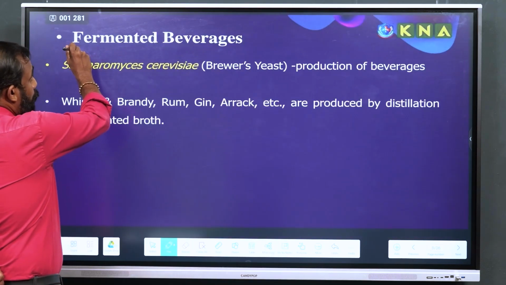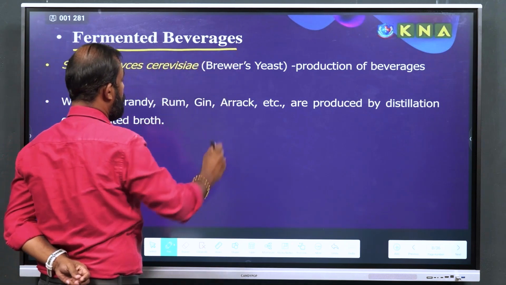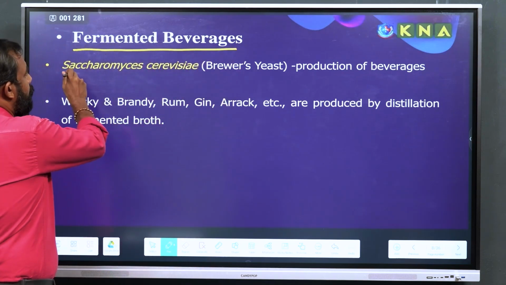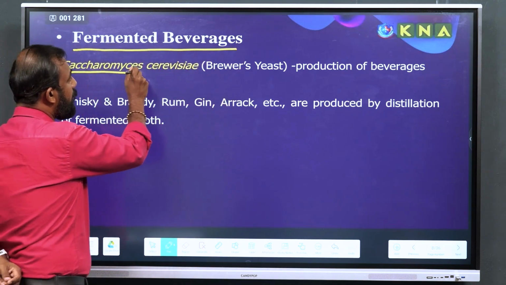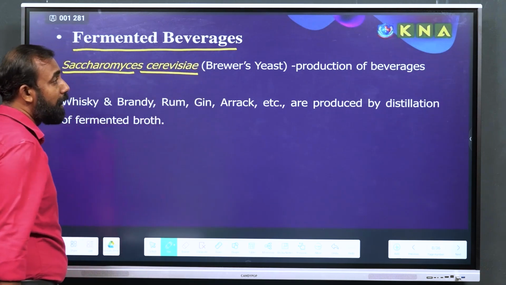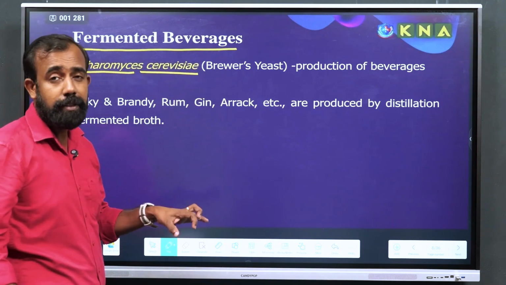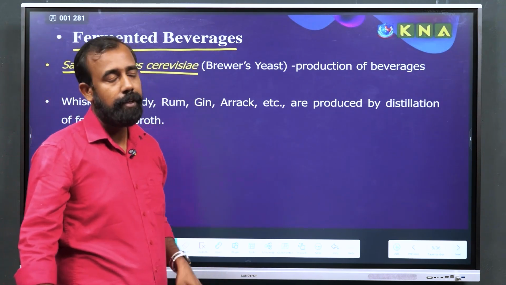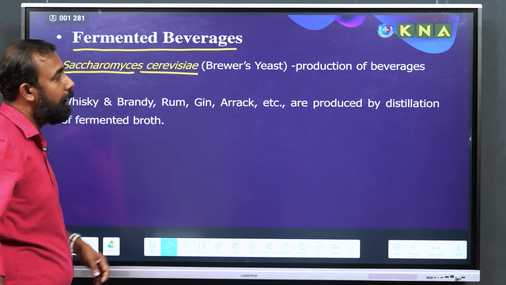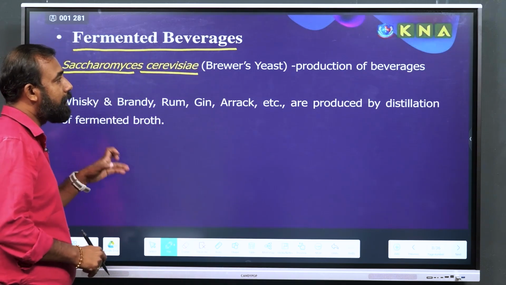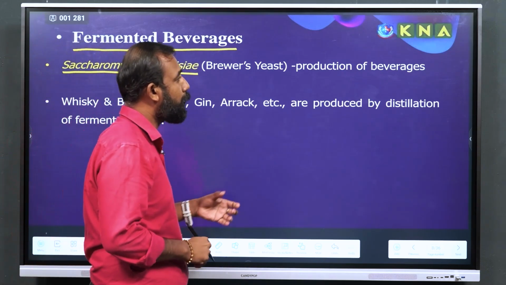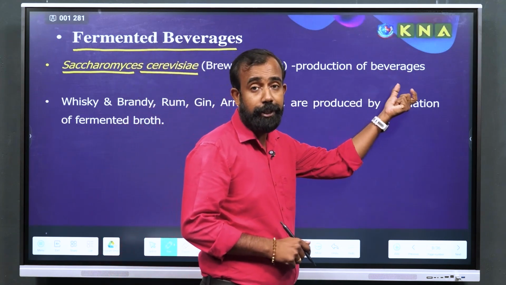First one, production of fermented beverages. For the production of fermented beverages, we are using Saccharomyces cerevisiae. It is also called brewer's yeast, baker's yeast. This Saccharomyces cerevisiae is used for the production of fermented beverages.